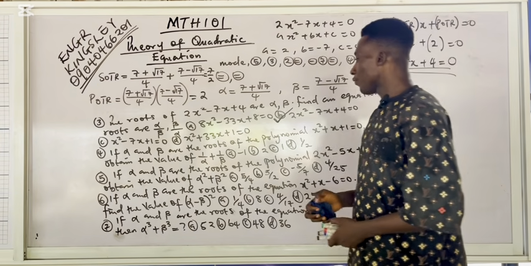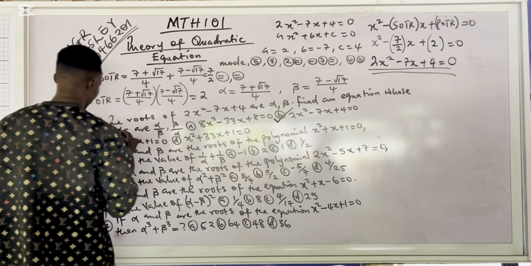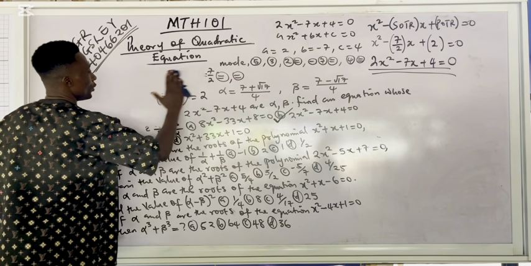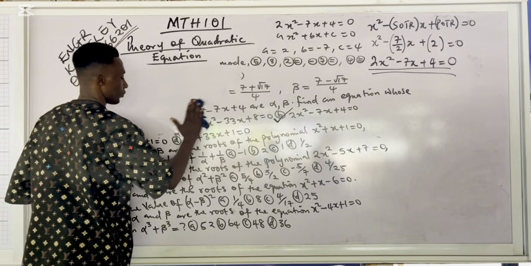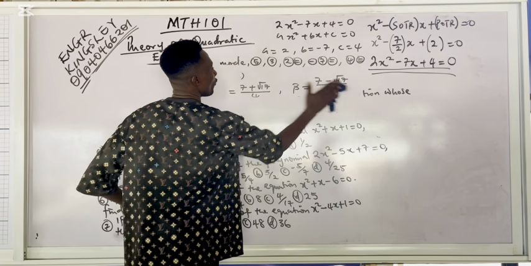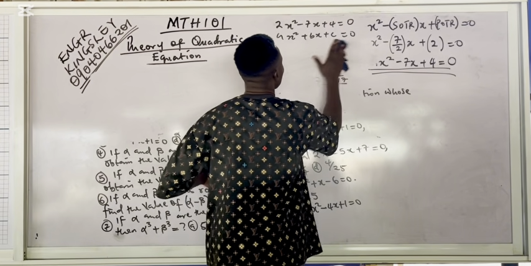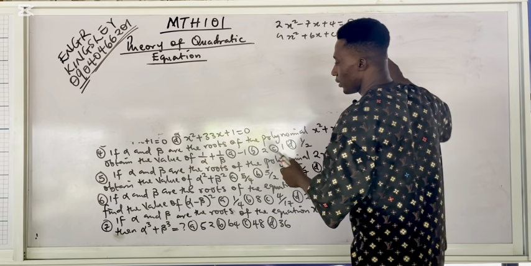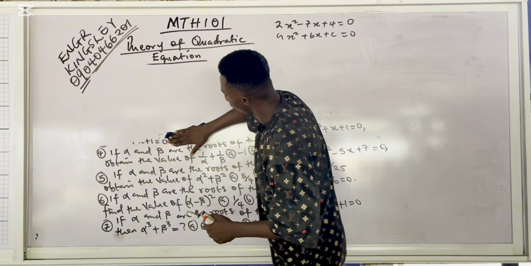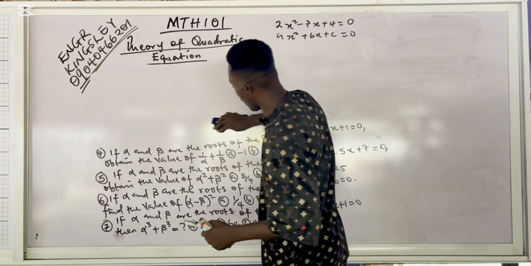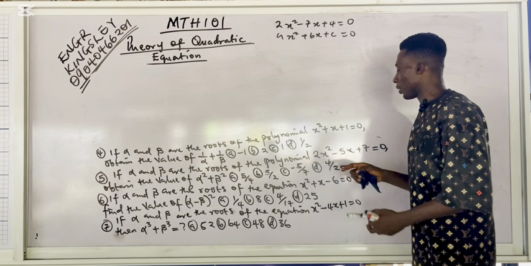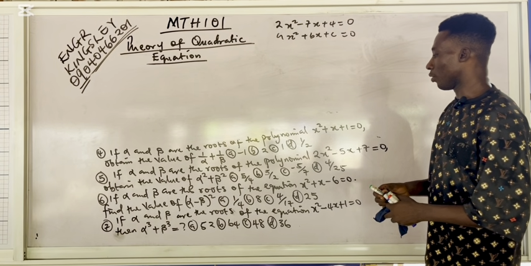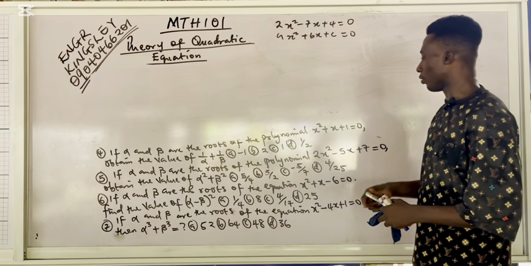That is all. For number 4, simply you will do the same thing that we have been doing before. They said if alpha and beta are the roots of the polynomial, obtain the value of 1 all over alpha plus 1 all over beta.